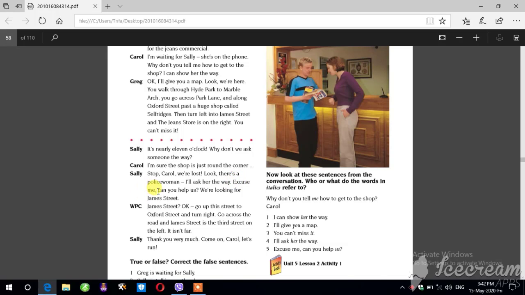Me is object pronoun. Can you help us? Help is a verb and us is object pronoun. And we have to read all of the sentences just for finding the object pronouns.